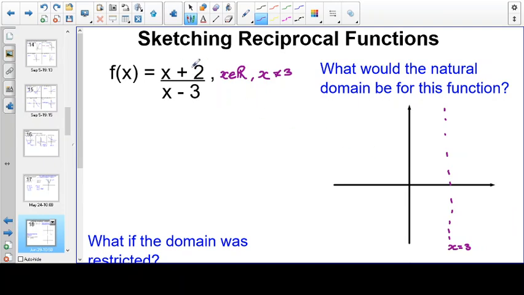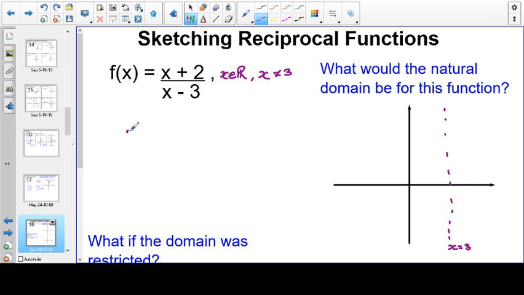Now this is a reciprocal graph, but it's not obvious what it is. So you've got two options. You can either just substitute numbers in and plot it, or alternatively we could write it in a different form and apply graph transformations. So I'm just going to show you that version. We're going to write it in a different form by basically doing long division.